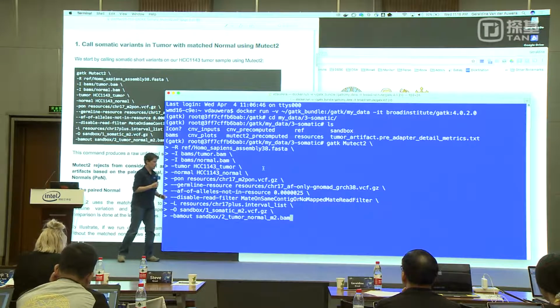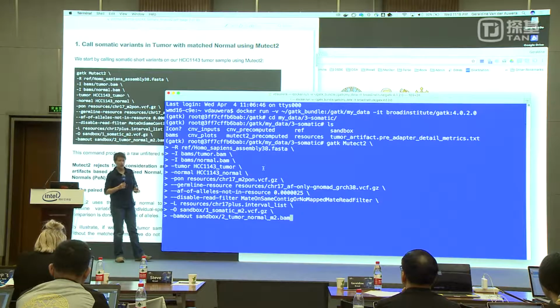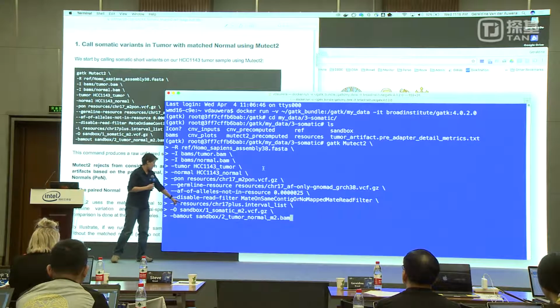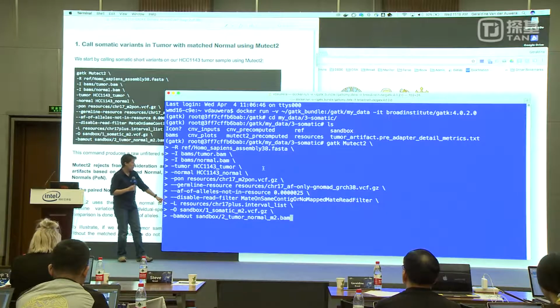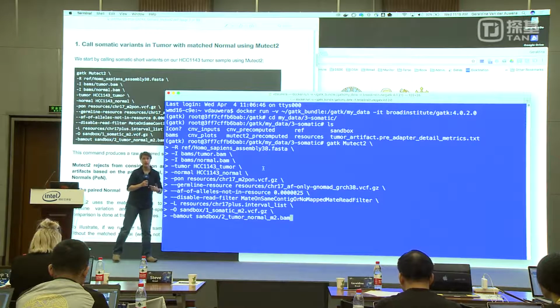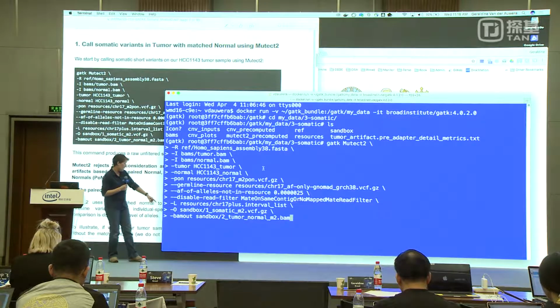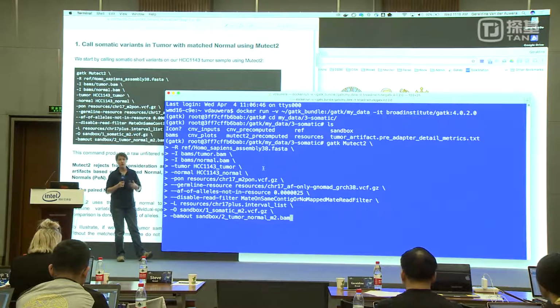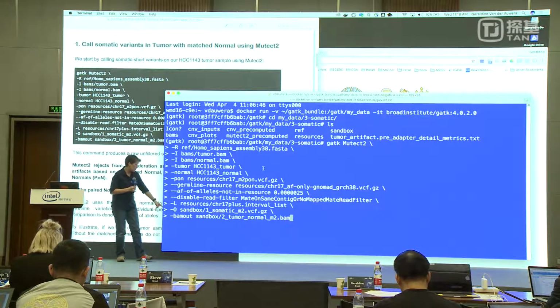That is not part of our production pipeline, and there's a little bit of debate of whether that should be the case or not. And I'll talk about that a little bit more later. The intervals, that's just the intervals that we're providing to speed things up. In any case, if you are running on exomes, you should always provide the list of exome targets that you're working with. And finally, the BAM out.